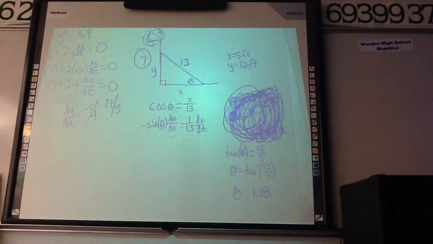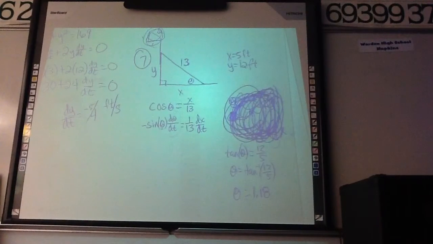What is that, 1.18? So you solve for theta, put in theta, and then you divide by the sine of that number?